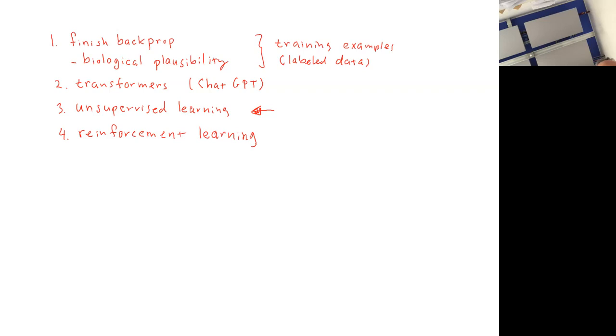So let's finish up with backprop. I'll go to a new page. So remember, we're considering deep networks of this form. They can have many layers.